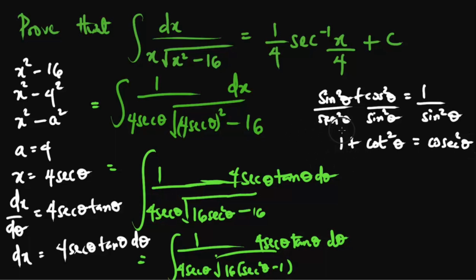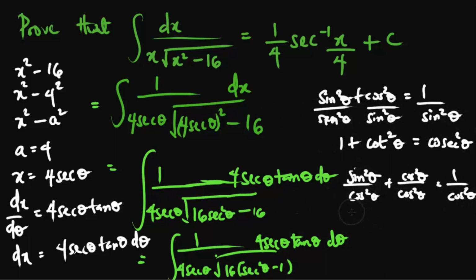Likewise, when we divide through by cos squared theta, we have sine squared theta divided by cos squared theta plus cos squared theta divided by cos squared theta equals 1 divided by cos squared theta. Here we divided through by sine, now we're dividing through by cos.